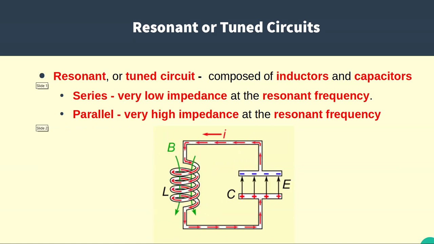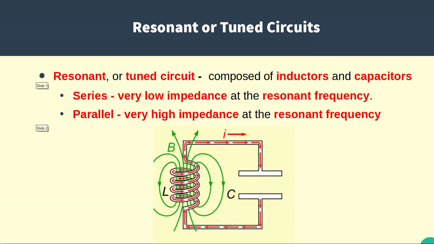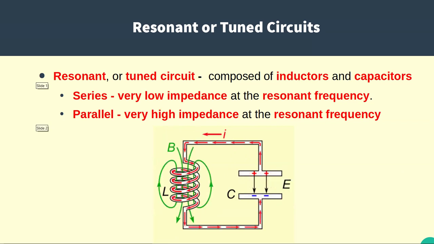When we put the inductors and capacitors in series, we call that a series resonant circuit. If we put them in parallel, which is what you see there in the animation, it's a parallel resonant circuit.